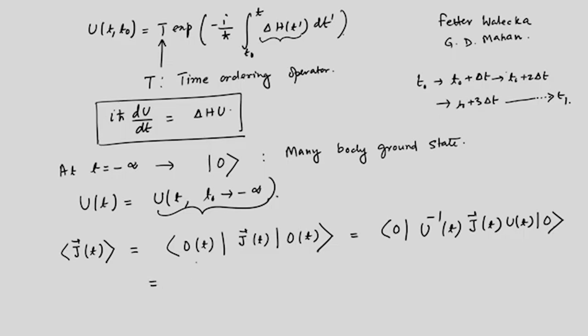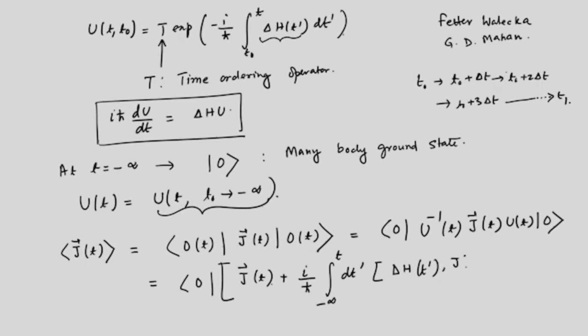So we will have this as 0, j of t, plus I over h cross integral from minus infinity to t, with a dummy variable dt prime, of the commutator of delta H at t prime and j of t, and so on.